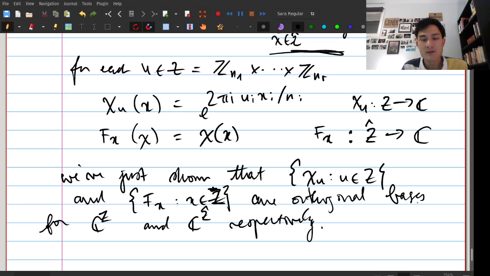And they must be a basis because this is a space of dimension n, right? They're functions from Z to C. There's only Z degrees of freedom, so it's a space of dimension size of Z, which is, say, n, and we just found n orthogonal vectors in that space. And same for the second one.